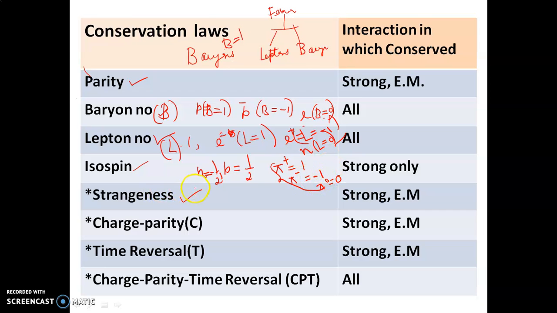Strangeness we have already seen. Different strange particles have different values of strangeness, denoted by capital S. Charge, parity, time reversal, these are things that you actually don't need to know now, but these are certain conservation laws. That means before and after the reaction these things have to be conserved. So I'll stop this part 3 of today's class.